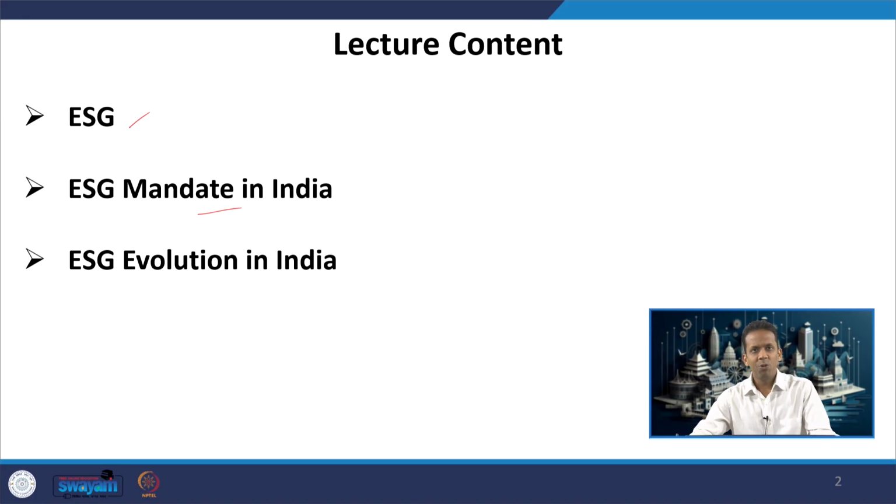So it sounds pretty similar to SDG, the Sustainable Development Goal pillars, which were society, economy and environment, right. Now, if you look at the ESG, it has environmental, social and governance.